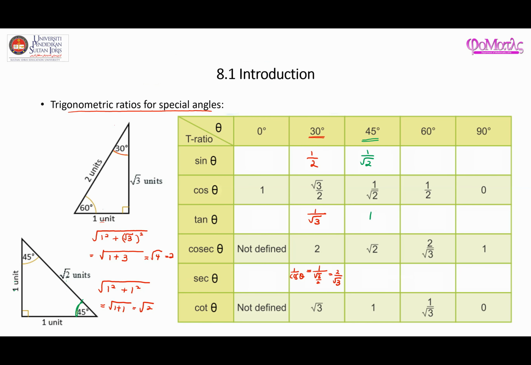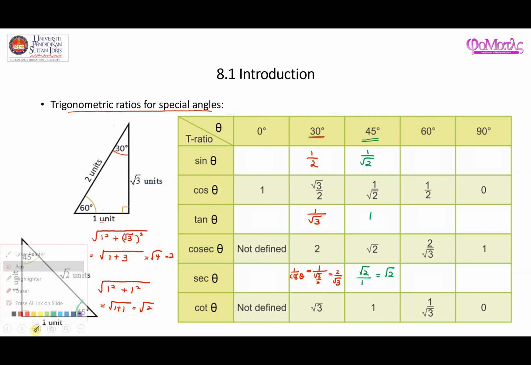Secant of theta is 1 over cos theta, so the answer here will be flipped. That will be root 2 over 1, which is just root 2. And that's it, we are done with angle 45 degrees.